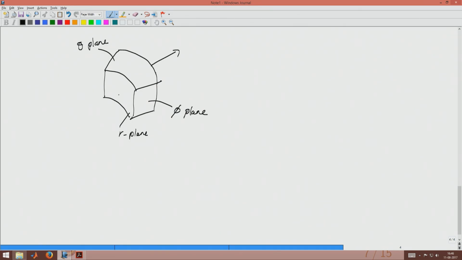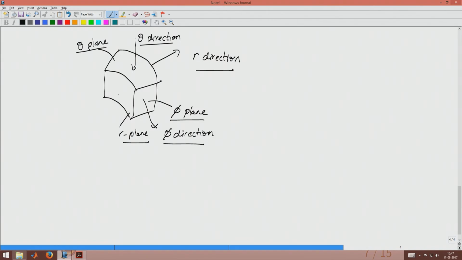Similarly, this is the r direction, this is the phi direction, and this is the theta direction. So, now we have defined the 3 directions r, theta, phi, and the 3 planes. So, basically we now have 9 combinations.